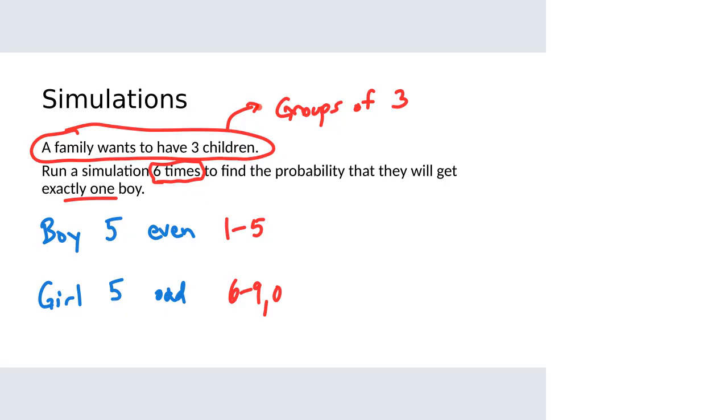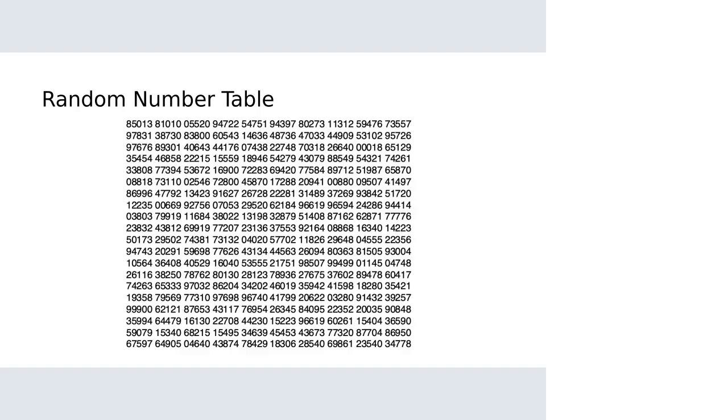All right, so let's go to our random number table. I said boy was 1 through 5, and girl was 6 through 9 and 0. And we're going to do 6 trials of 3 kids. I'm going to go to the random way to start again. I got 17, so that's my row.